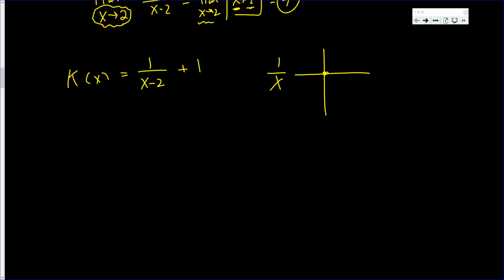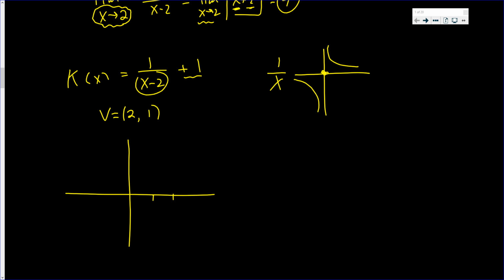You go to the origin and it goes like this and like that. But this time the vertex is not the origin. What makes this 0 is 2, and what that says is 1. So from pre-calc, you should know that the vertex is at 2, 1.